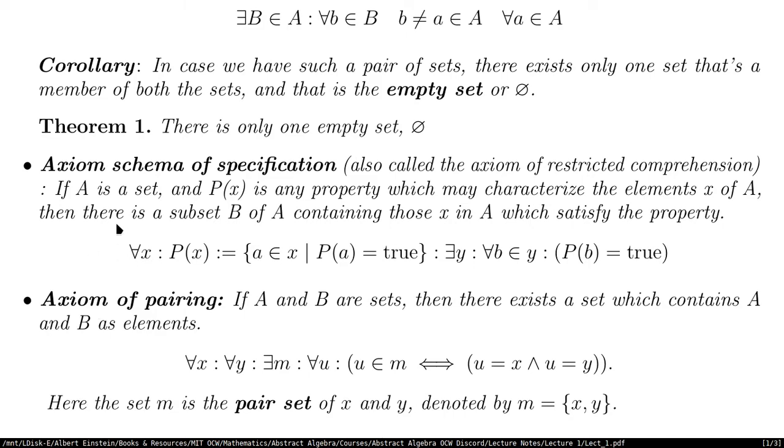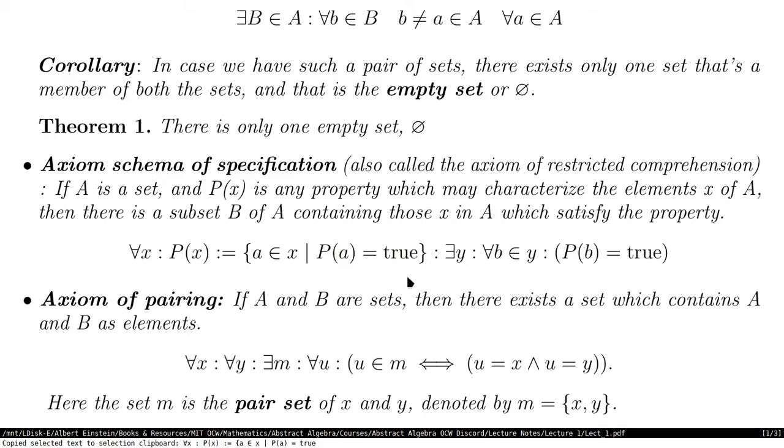Mathematically, you can write that for all sets X, you have this property P of X, which picks out all these A's from X such that P of A is true. P of A being true means that this element has the characteristic that the property is looking for.